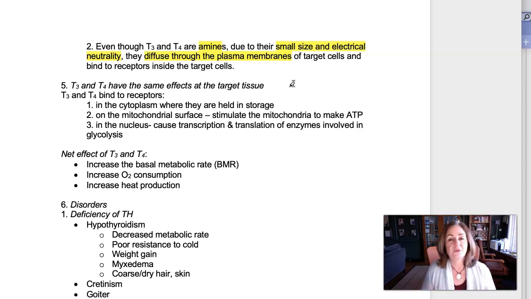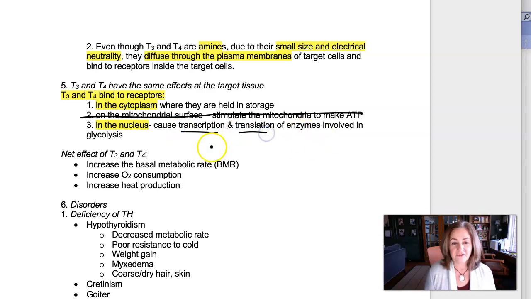What would happen is T3 and T4 are going to use the carrier to float around in the blood, but then they jump off the carrier and they slip right through the plasma membrane to bind to their receptors that are located in the cytoplasm and in the nucleus. I am going to cross out number 2 in my notes, the mitochondrial surface, because the primary mechanism is that they're going to bind to receptors in the nucleus, just like a steroid hormone, causing transcription and translation of enzymes involved in glycolysis.